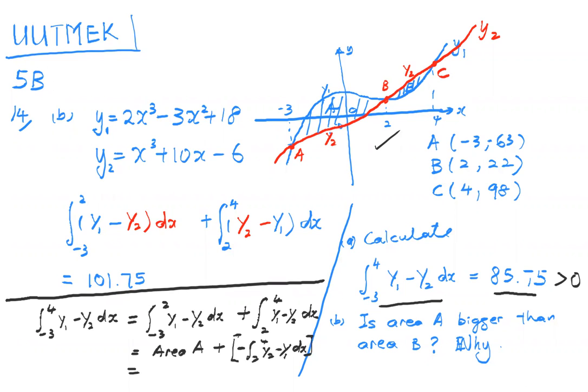And this is area B, am I right? So this is equal to 85.75, which is greater than 0.